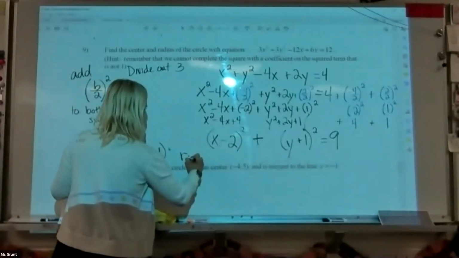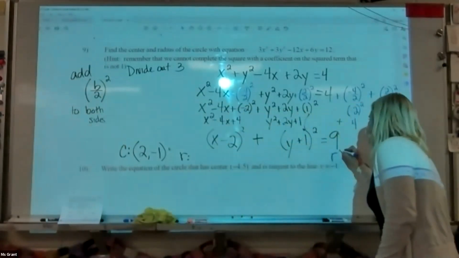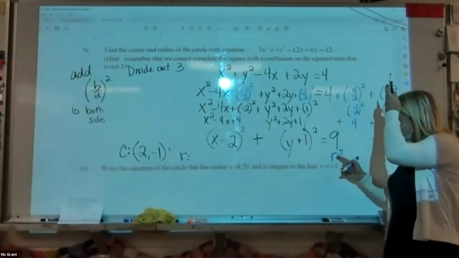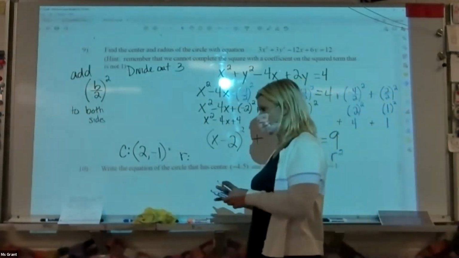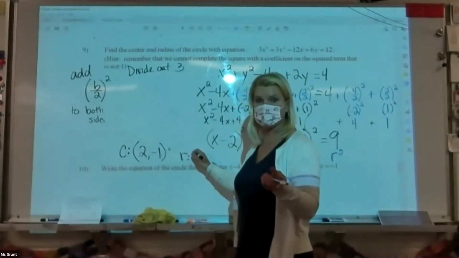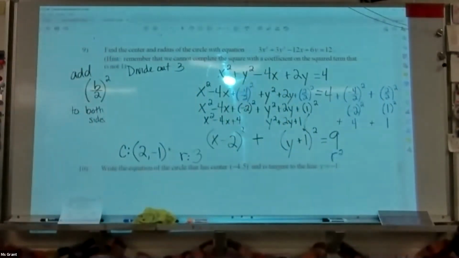My radius is, this is r squared. My radius is not 81. No. 9 is r squared. What's r? Three, yes. Okay, so that's a lot. What questions do you have about that?